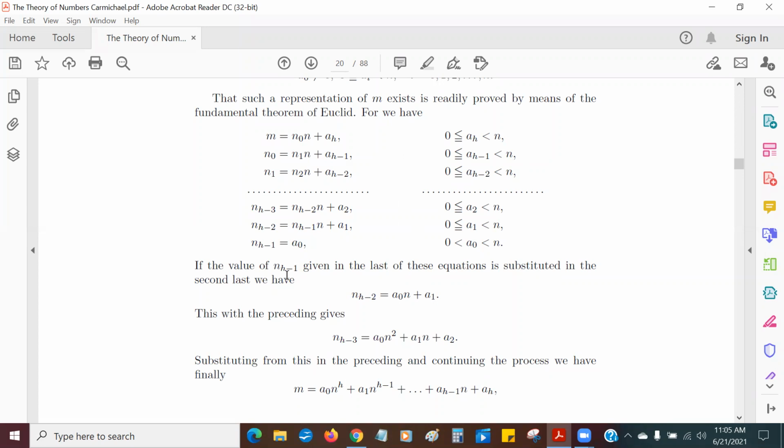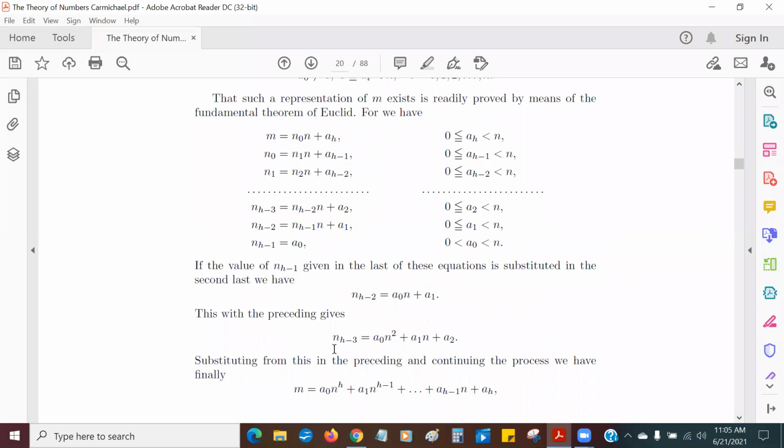Now, if the value of n_(h-1) from the last equation is substituted into the second to last, I take this and plug it in over here. I get n_(h-2) equals a_0 n plus a_1.